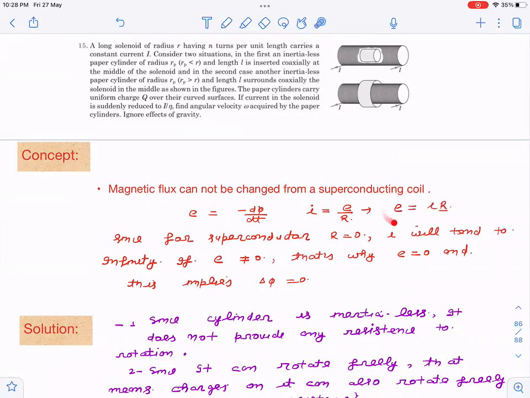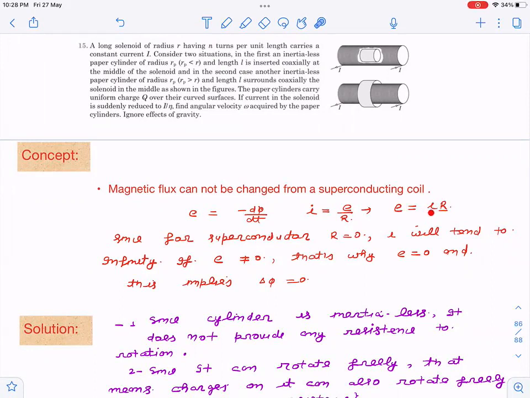So if you understand this equation, then you understand this sentence also. What I'm claiming here is that since it is a superconductor, the resistance is 0, right? So that makes E also equal to 0. And I can be anything which is non-zero. Fine. So is this understood? R is 0. That makes E 0.